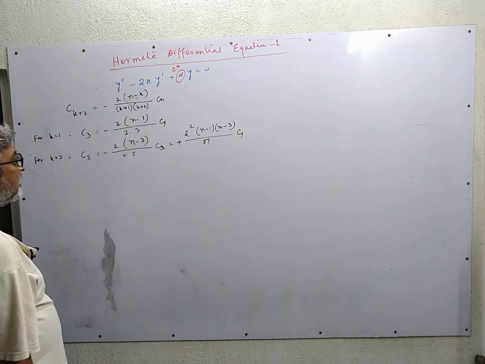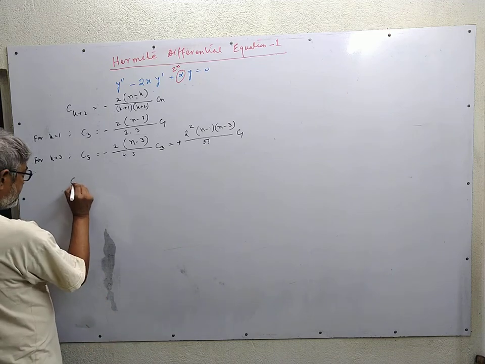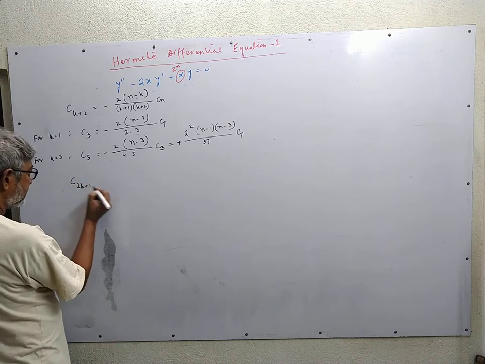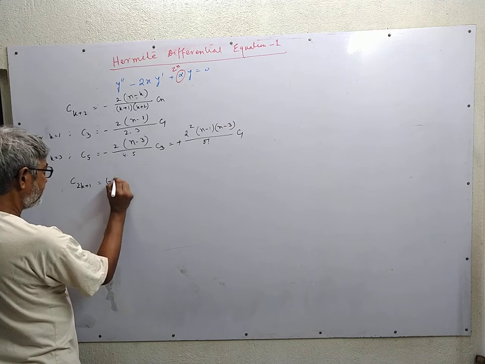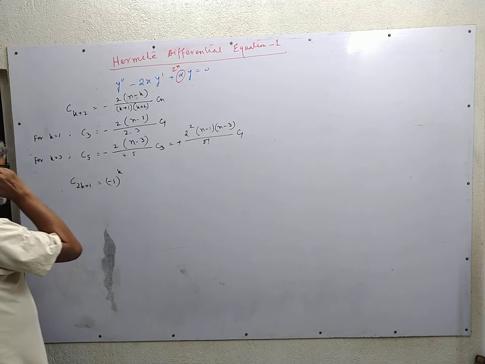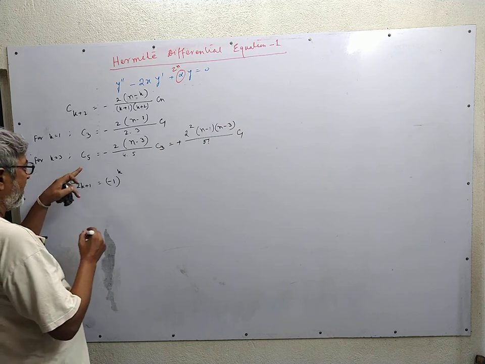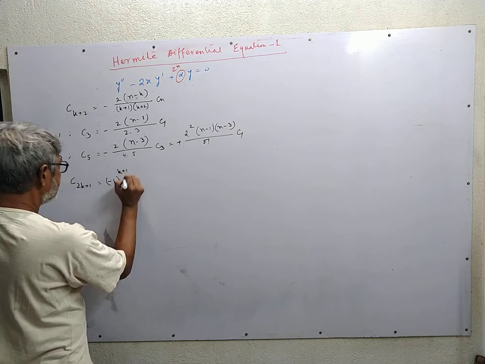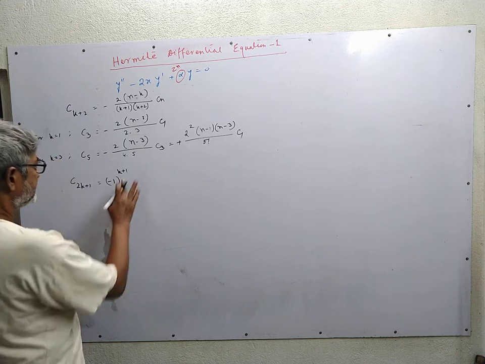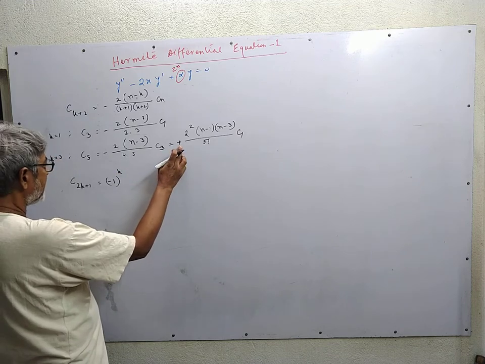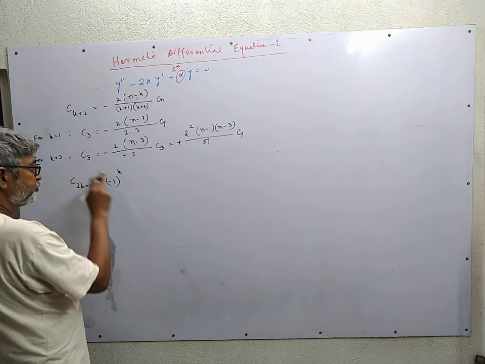We can generalize this as C of 2k plus 1 is equal to minus 1 to the power k. This is k plus 1 because this is plus, so in this case k is equal to 2.